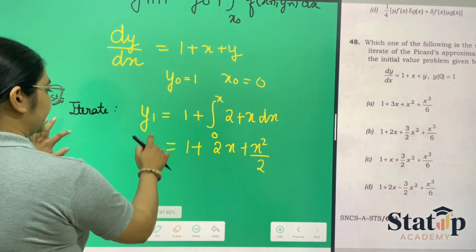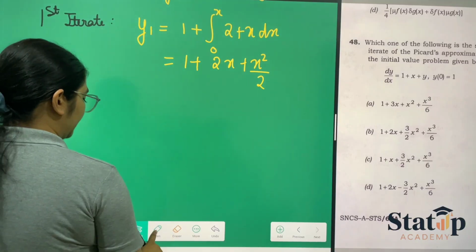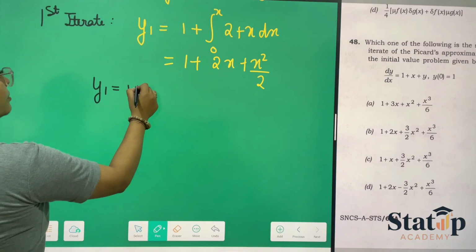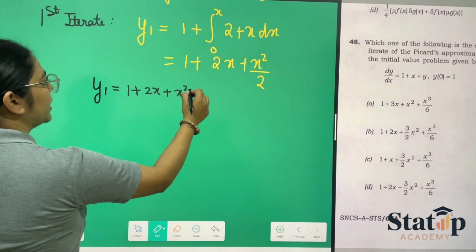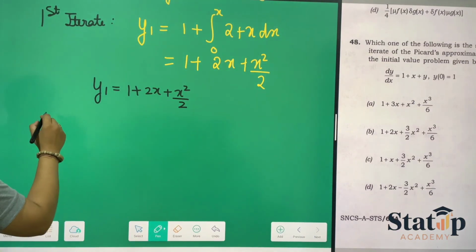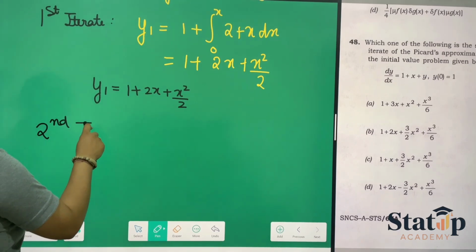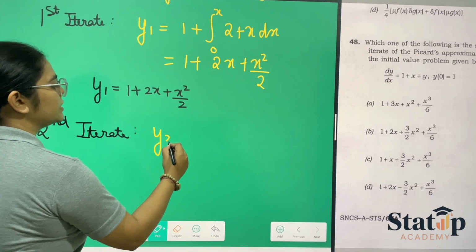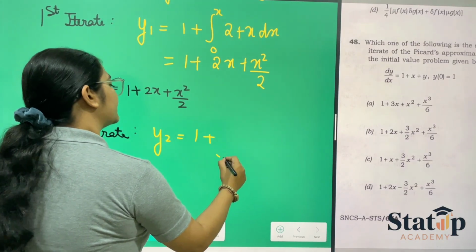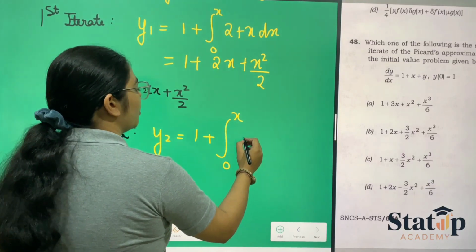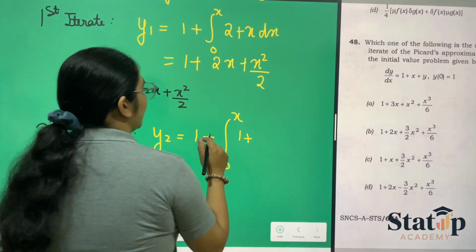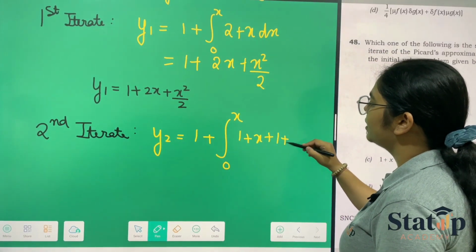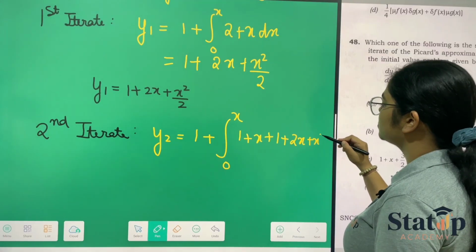Now moving towards the second iterate, because we have to calculate the second iterate. Here y1 has the value 1 plus 2x plus x square by 2. The second iterate has the formula y2 equals y naught, which is 1, plus the integration from 0 to x of 1 plus x plus y. Now y1 has this value, so we write y as 1 plus 2x plus x square by 2, dx.